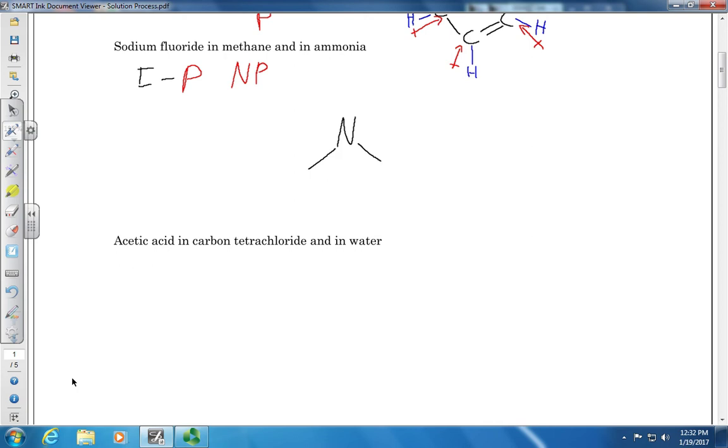You've got these hydrogens here, here, and here, and then you also have a lone pair over here. This lone pair turns ammonia into a polar molecule. So sodium fluoride would dissolve in ammonia. Similarly, sodium fluoride would feasibly dissolve in water and in other polar solvents.